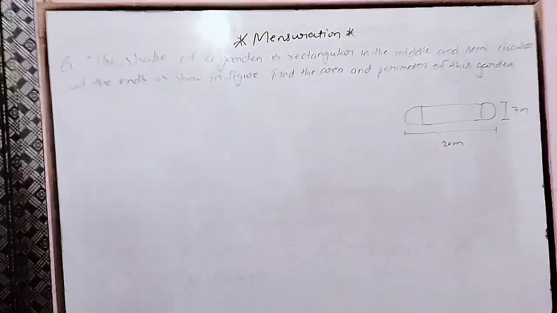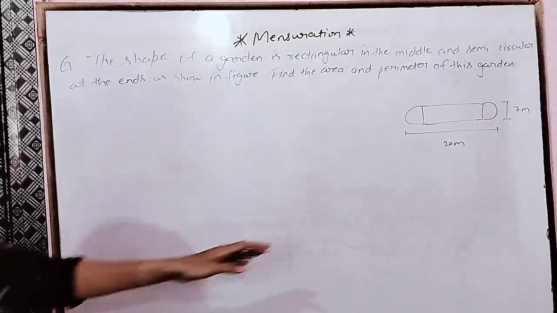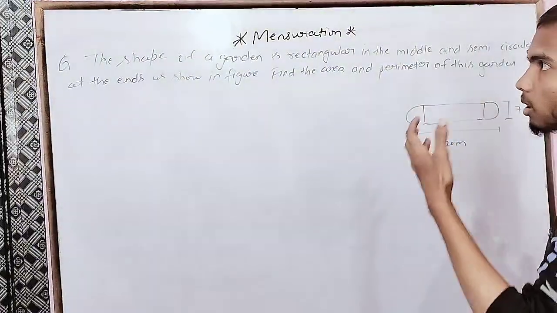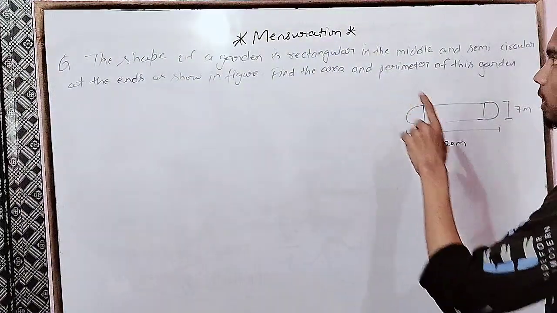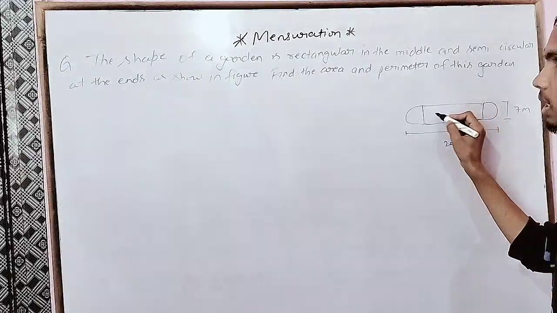This is a figure of a garden. The shape of the garden is a rectangle. So this is a rectangle, and this is the garden.